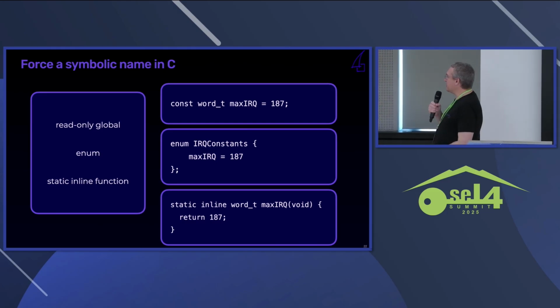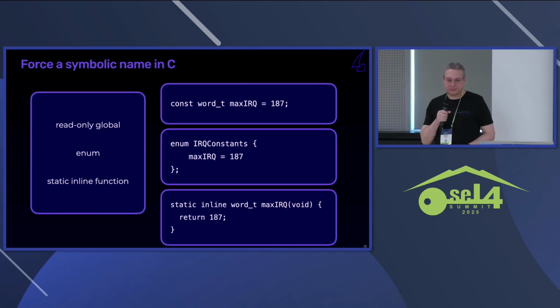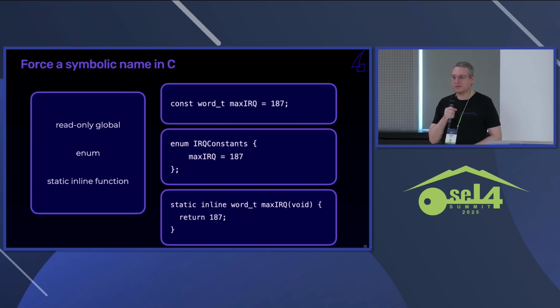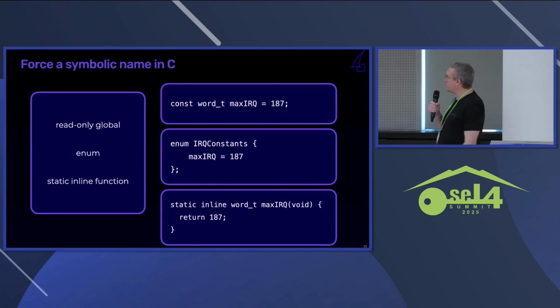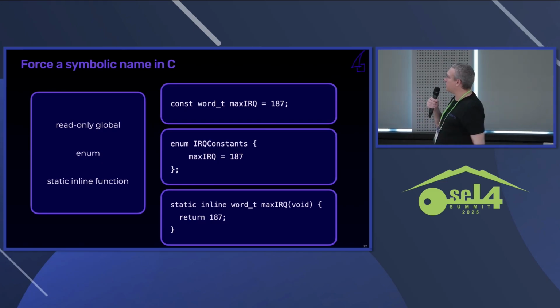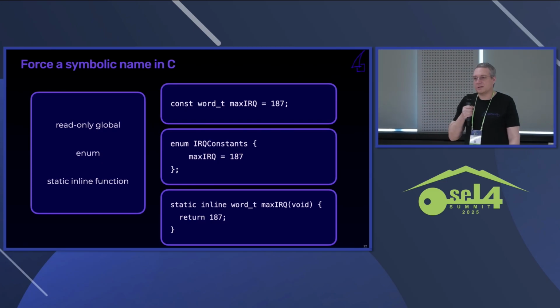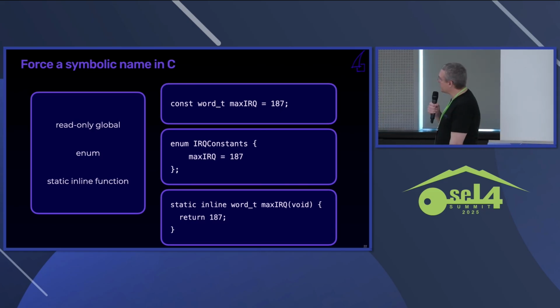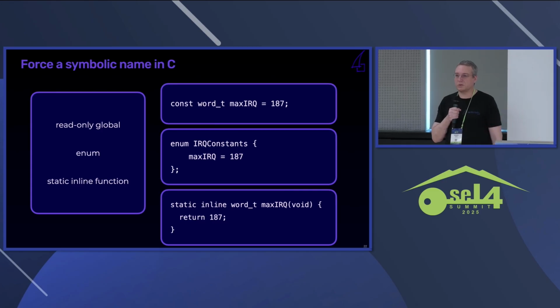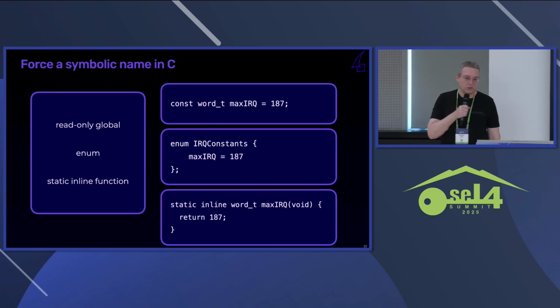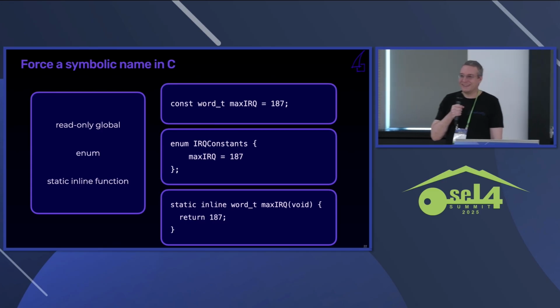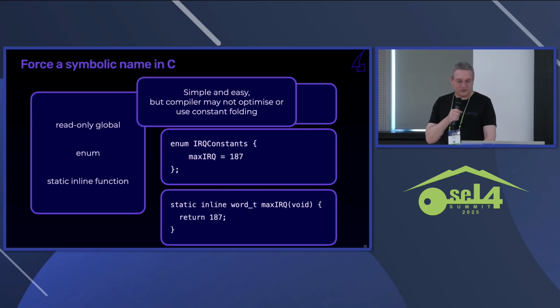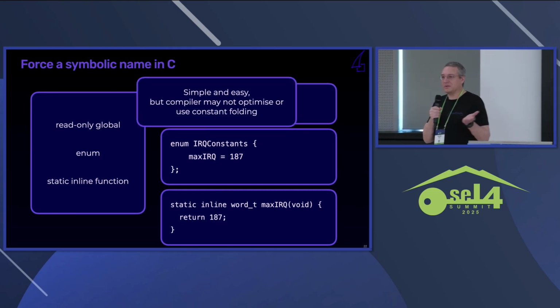These are the three options that kind of sort of work. The first one looks nicest, but C happens. The first one is you just say const, and it's a global constant. But in C, it's not a constant. You can say const as much as you like. Somebody could take the address of that thing and change it in the pointer, and the compiler will say, yeah, sure, go ahead, change my value. I'm not a constant. And the compiler knows this, of course.